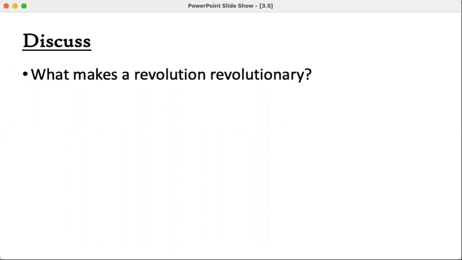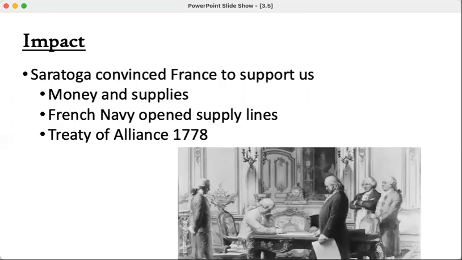But when we think revolution, we tend to think change, dramatic change. My argument to you is going to be that the American Revolution is not actually that revolutionary. Hold that thought while we continue on with our story.